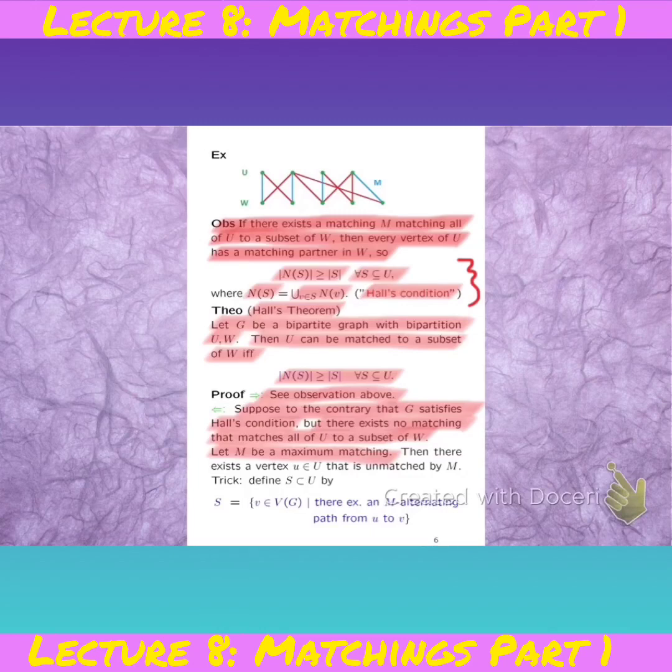Then there exists a vertex U in capital U that is unmatched by M. That is because, remember, we assumed to the contrary that no matching matches all of U to a subset of W, so there's at least one vertex in U that is unmatched.